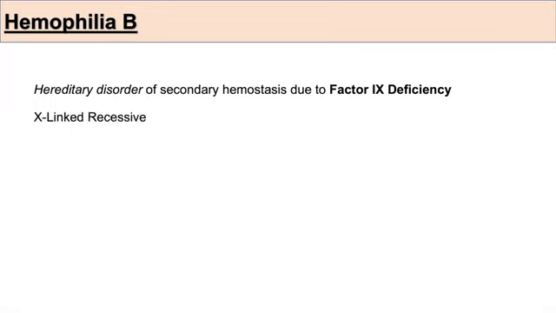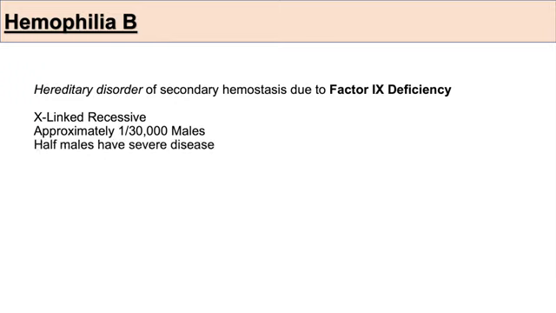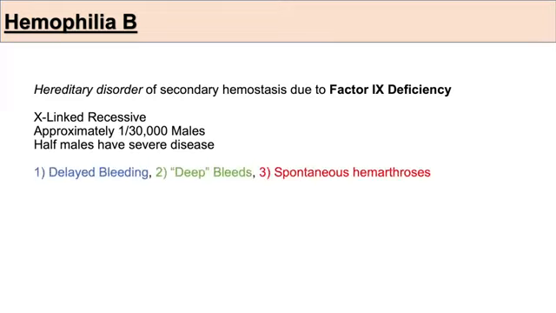Hemophilia B is also an X-linked recessive condition, which means it is a male predominant condition. Approximately 1 in 30,000 males have hemophilia B, and half of the males with this condition have a severe disease form. Like hemophilia A, hemophilia B presents with delayed bleeding, deep bleeds, and spontaneous hemarthroses.